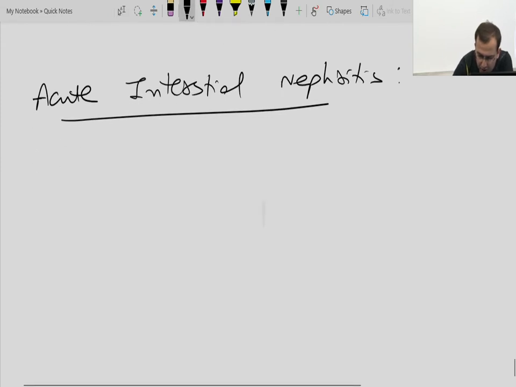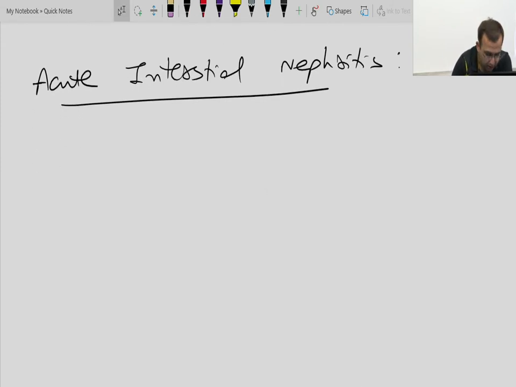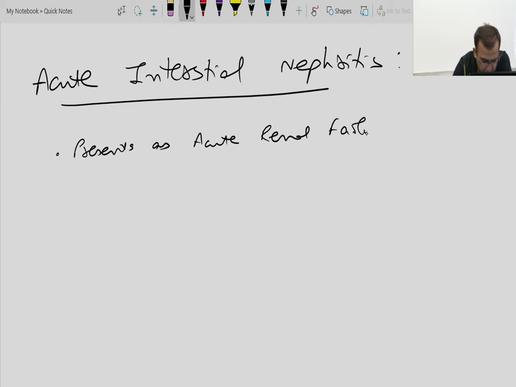This is better. This presents as acute renal failure. Why? Because of associated drugs. Acute renal failure because of drugs.